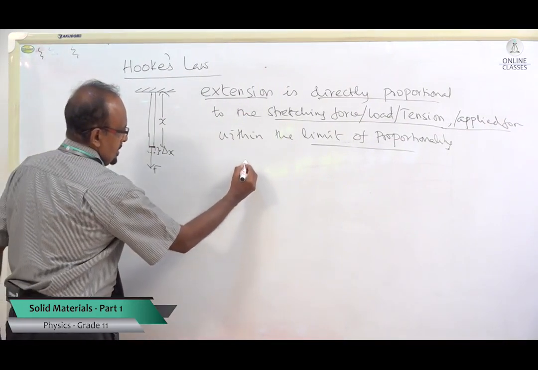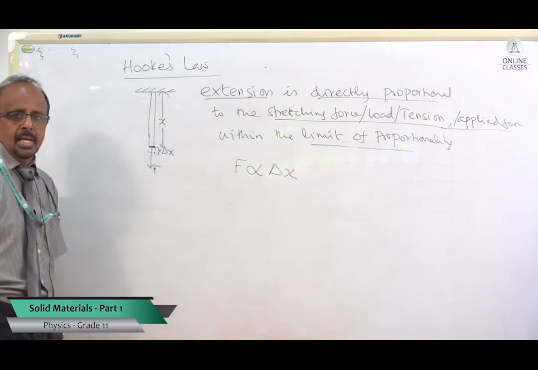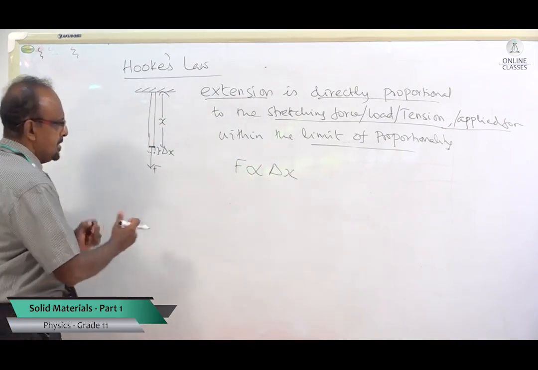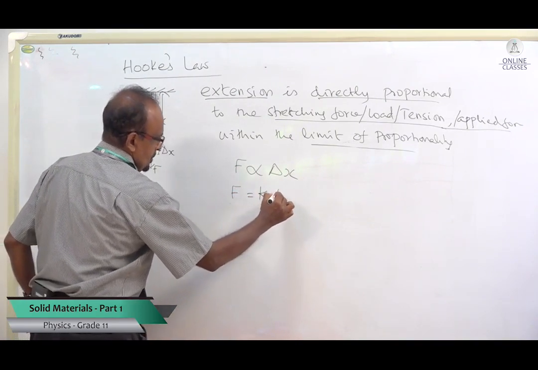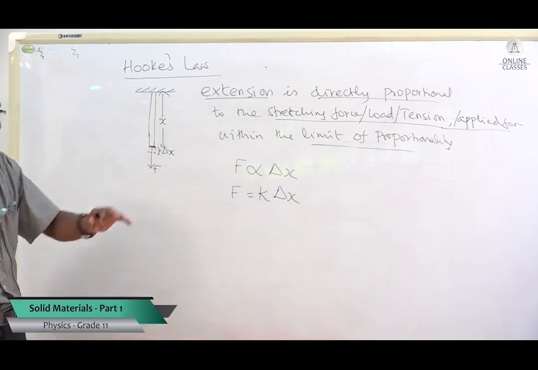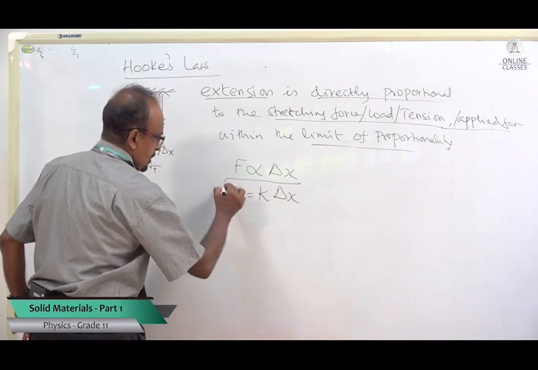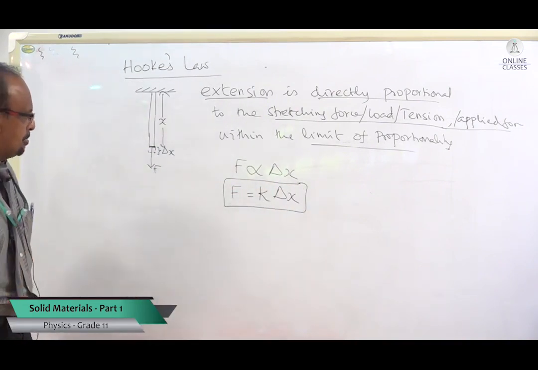So as an equation, F is directly proportional to delta x. We can put an equals sign and a constant, so F equals K delta X. This is the equation given in the formula sheet, you can directly apply.